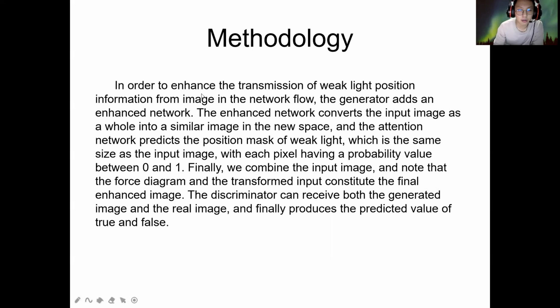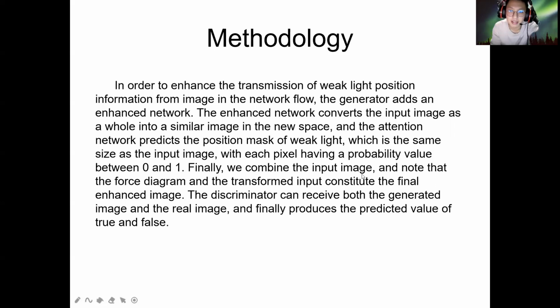In order to enhance the transmission of weak light position information of the image in the network flow, the generator is an enhanced network. The enhanced network converts the input image as a whole into a similar image in the new space, and the attention network predicts the position mask of weak light, which is the same size as the input image, with each pixel having a probability value between 0 and 1.